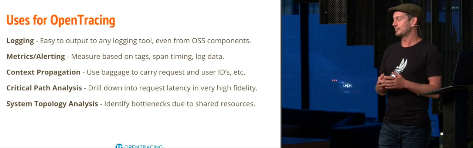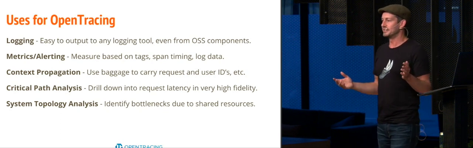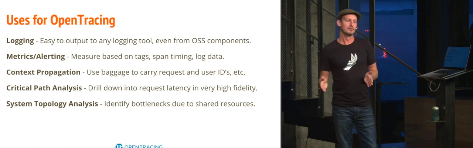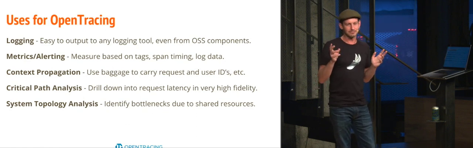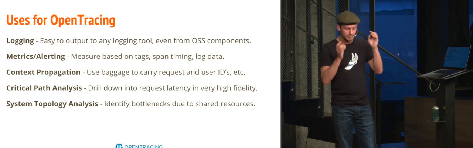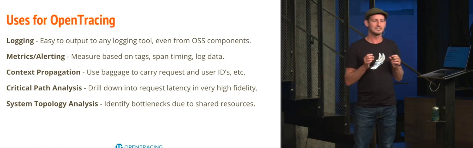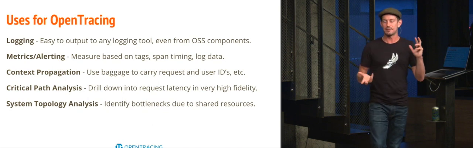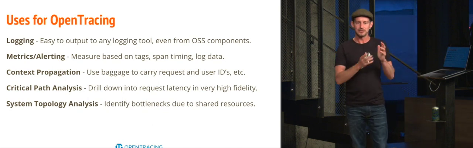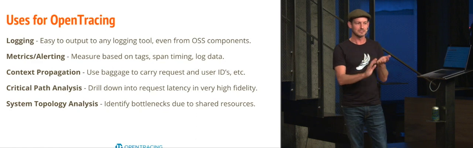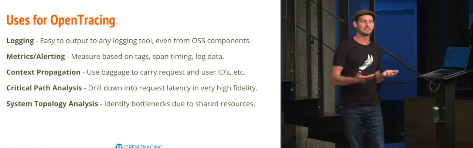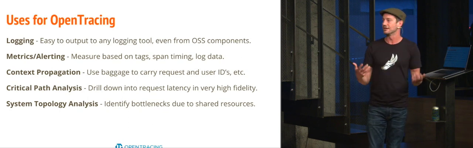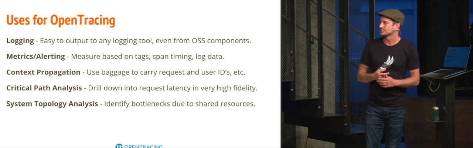So your request might be totally fast, but then it gets stuck in a queue behind some other request that's super slow. And that is the kind of thing, if you're just looking at logs, it can be really difficult to see that sort of slowness happening in your system, because it's nothing to do with the specifics of that request. It's just how that request is interacting with other requests on these shared resources. So that's another growing area of use for tracing systems.